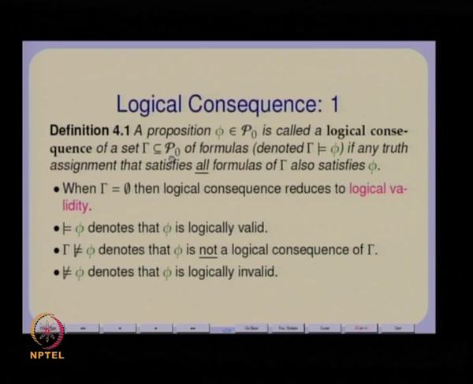This collection, P naught, of course is an infinite collection of formulas, right. We started with an infinite collection of variables and built up the language, and that language would also be infinite, will have an infinite number of well formed formulas, right. If the set of propositional atoms is countably infinite, then P naught would also be countably infinite.